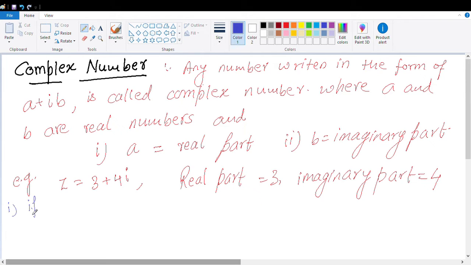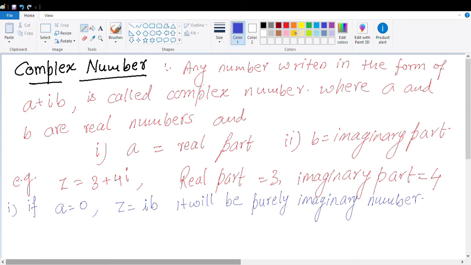Based on this definition you can have two very important things. If the real part of any complex number is 0, then z will be equal to only ib, that is, it will be a purely imaginary number.